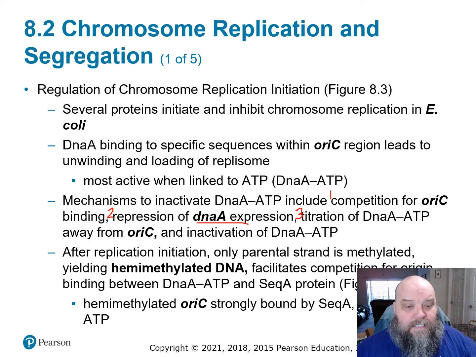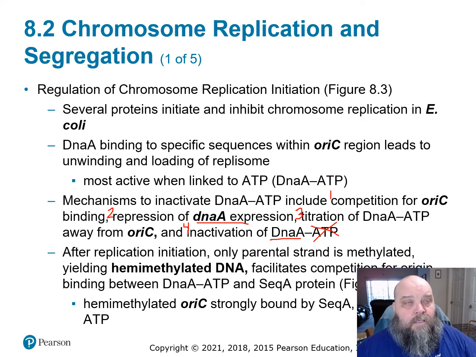And then finally, if DnaA is most active when there's ATP there, cut off the ATP. Done. Four ways to regulate DnaA activity on oriC.